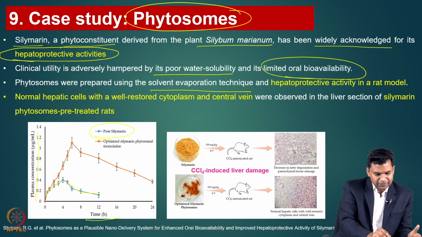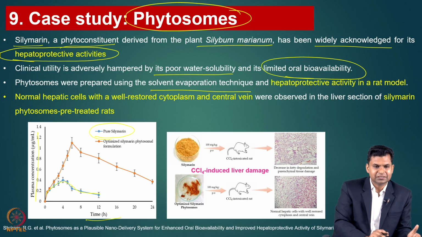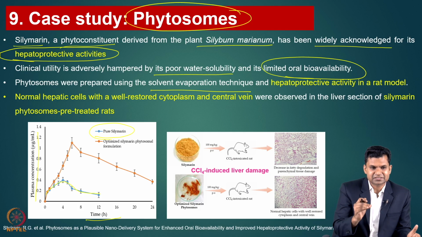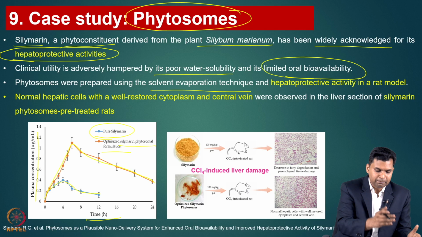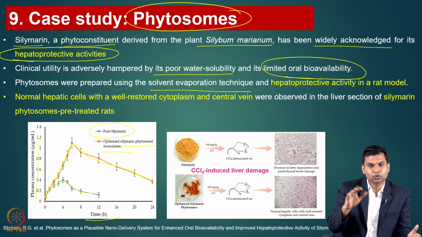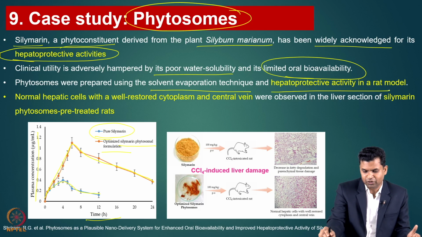With the pure drug, we can see a very small amount of the drug in the picture, whereas the silymarin phytosomal formulation showed the maximum plasma concentration after oral administration of the phytosome based formulation. After that, they looked at the hepatoprotective activity in the rat model.